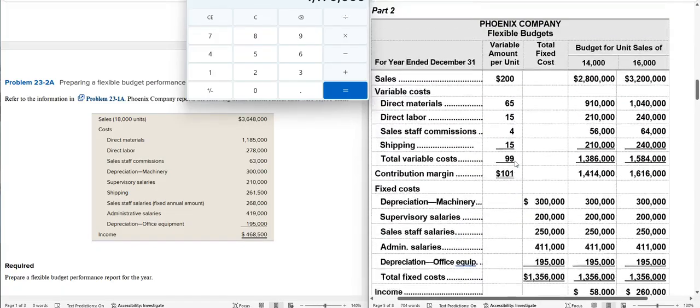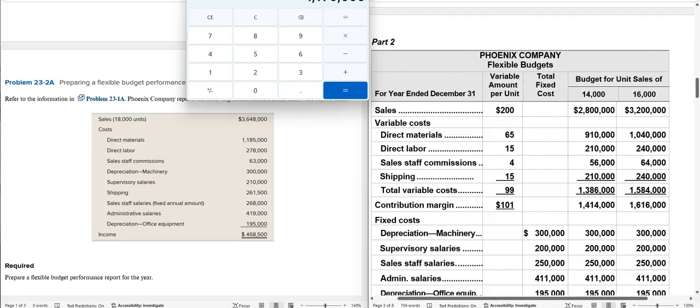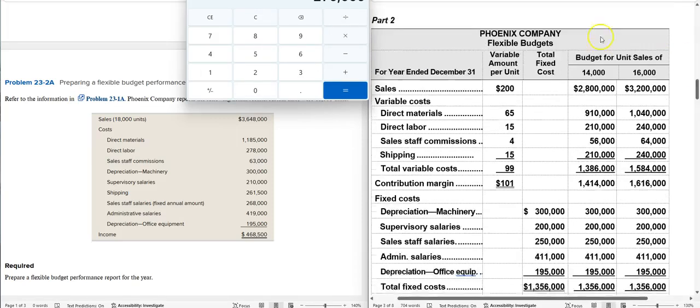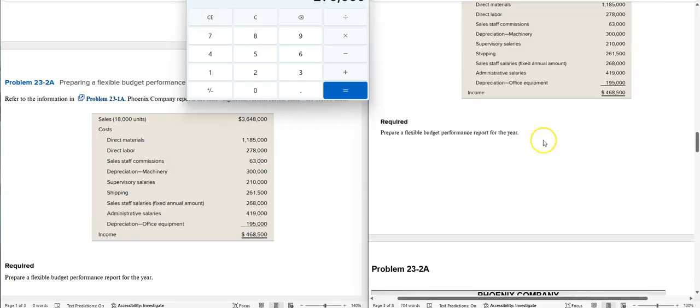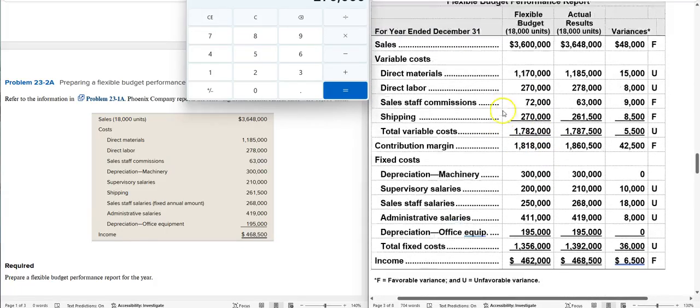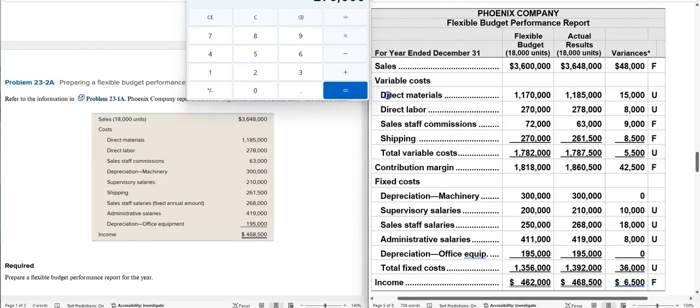Direct labor, $15 per unit times 18,000 units actual results, 270,000. Okay, so what I'm doing is I'm just multiplying those variable budgeted amounts per unit times 18,000 actual results to get my total variable cost.